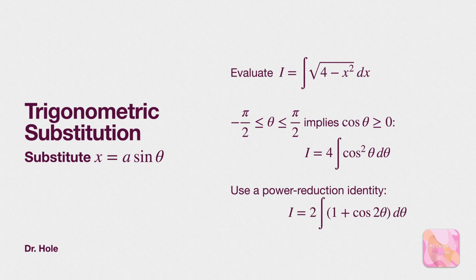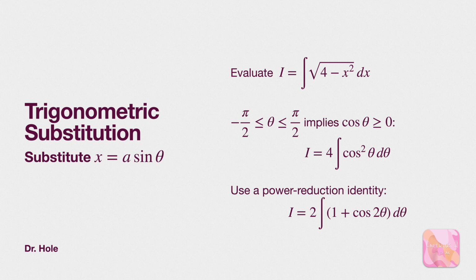On cosine squared, we can use a power reduction identity. Note that there is a 4 out front. The power reduction identity involves a multiplicative 1/2, so 4 goes down to 2. And then the power 2 essentially turns into a doubling of the parameter theta.